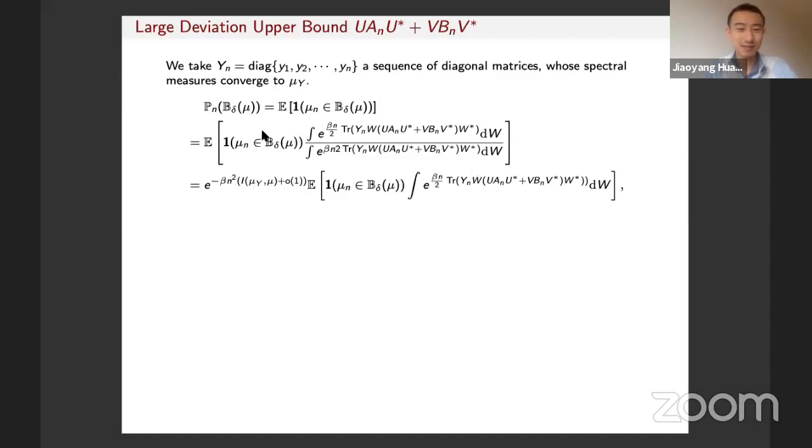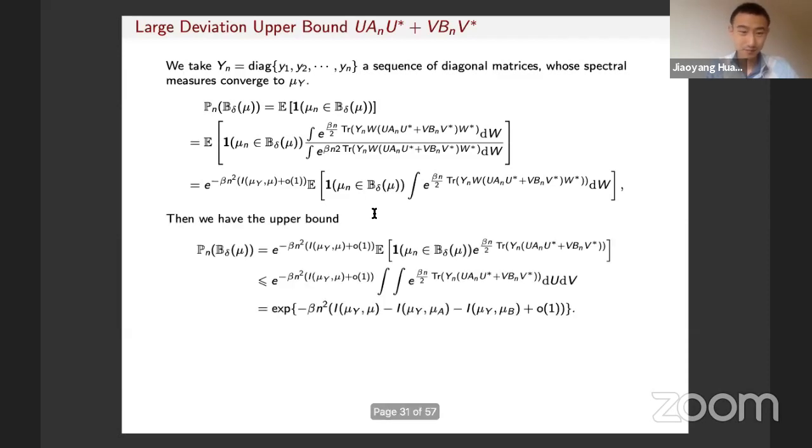And then what's left is this numerator, the integral of it over the ball B(mu). Then we have the upper bound by simply replacing the integral over the ball of mu by the whole integral.